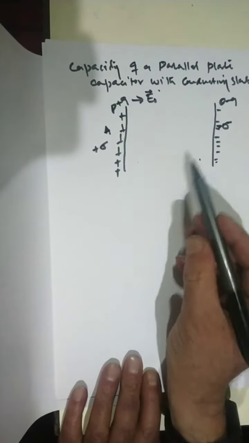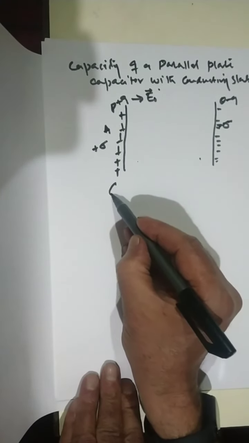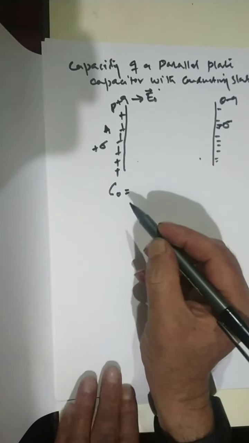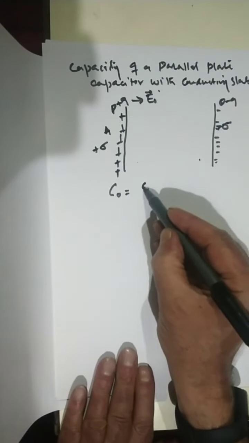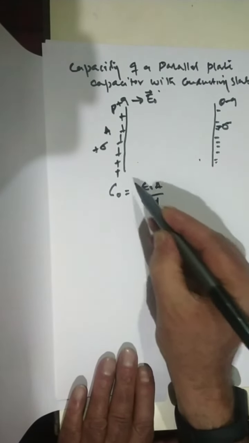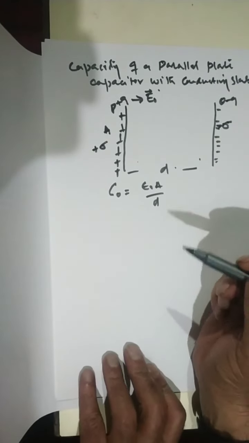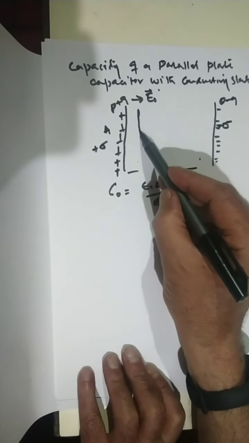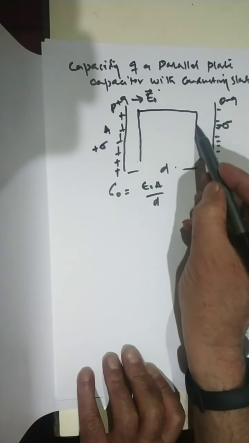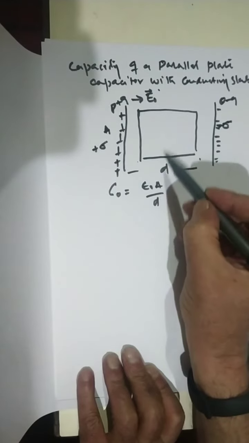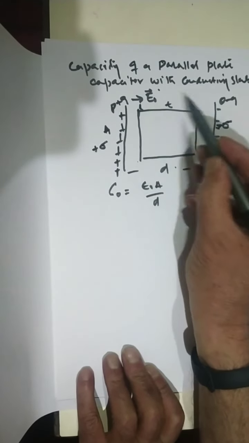So the capacity of this air capacitor, as we know, is given by C0 is equal to epsilon 0 A by D, where D is the distance between these two plates. Now, let us introduce a conducting slab of thickness t.